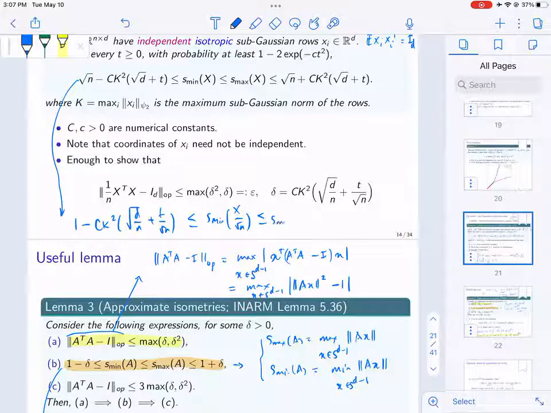Singular values are sort of linear in the sense, X over root n, and then 1 plus C K squared root d over n plus t.